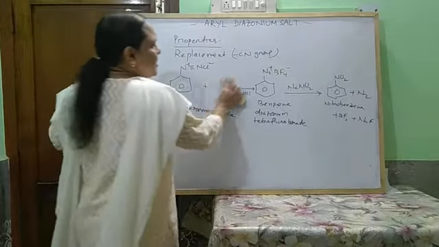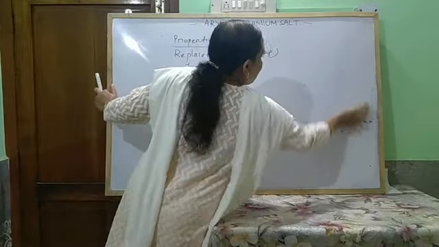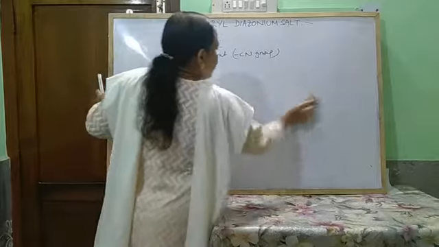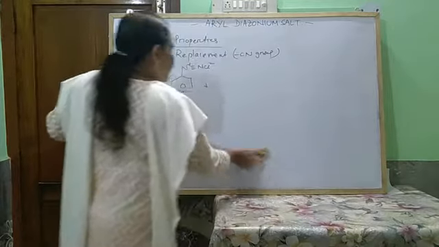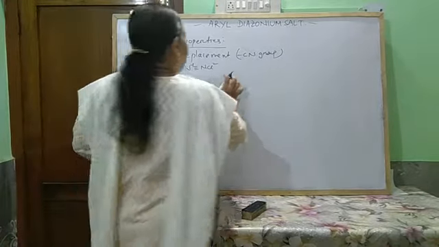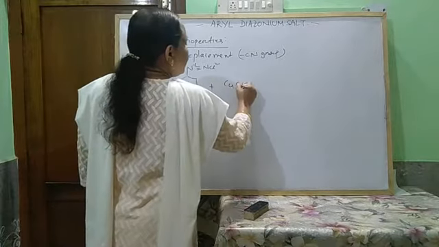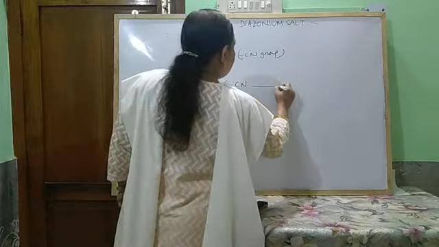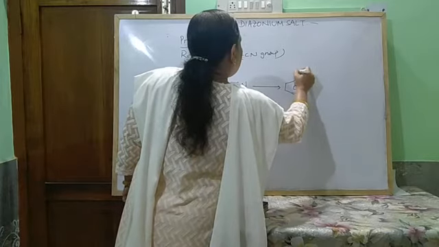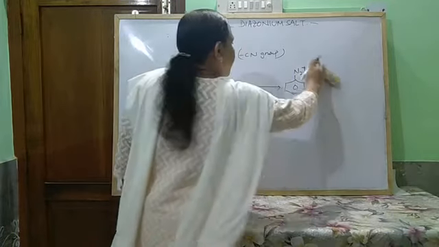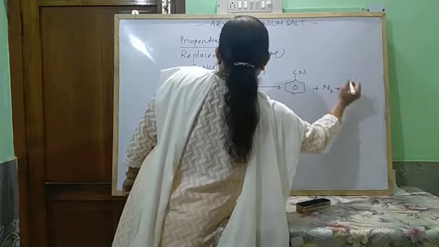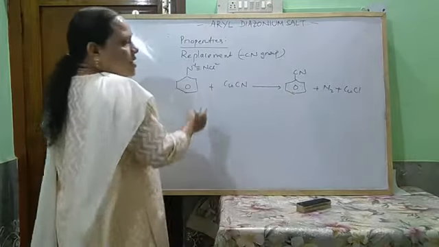Okay. Next, replacement by the cyanide group. When benzene diazonium chloride is treated with cuprocyanide, or in the presence of potassium cyanide, it forms cyanobenzene, and N2 plus CuCl.